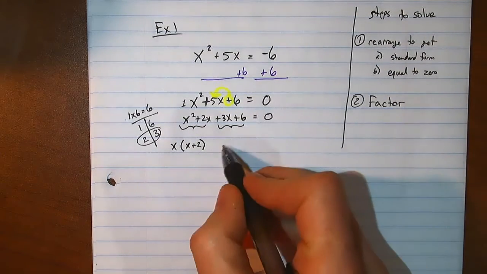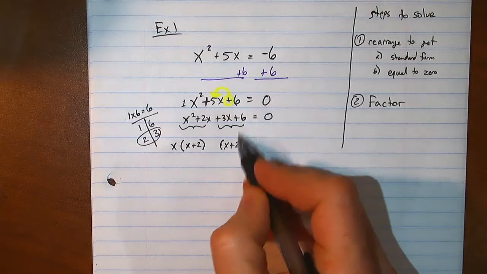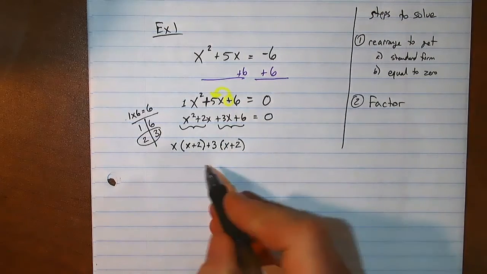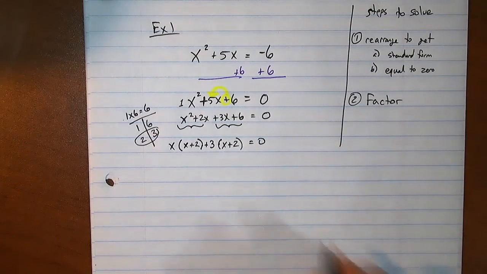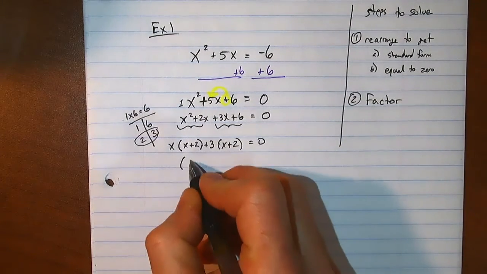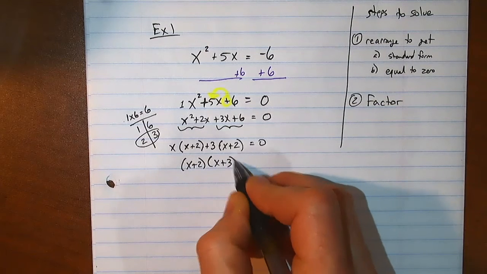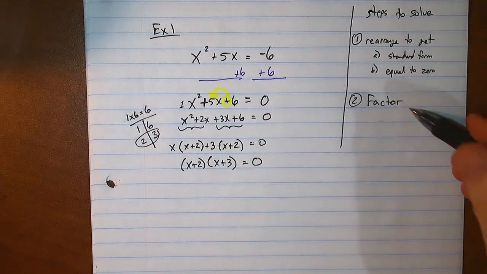In the second group, I know it has to have an x plus 2, because the parentheses need to match. So if I divide, I can deduce that I must have factored out a 3. And then I can always distribute to check that. So one of my factors is an x plus 2, and the other factor is an x plus 3. Okay, so that's my factoring step.